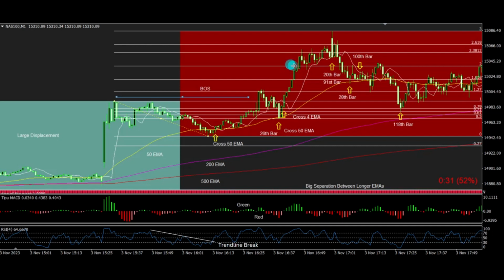However, we see a huge move beyond the 2 level of the Fibonacci, and that gives us a clue that we are continuing higher. When we reach the 2.3812, that's when you see some type of retracement. So you may consider getting out here, which is around the same level that we would have gotten out anyway.